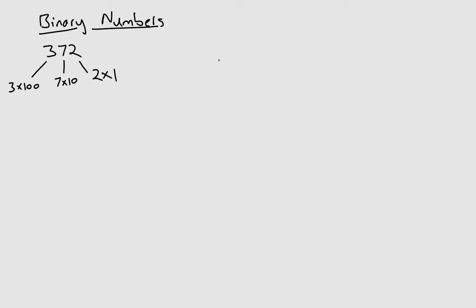The binary number system is really similar. We just use noughts and ones. There are only 2 numbers in it. Let's take a number like 1011. What does that mean? Here we've got 1 times 1, just as in the decimal system. But instead of 1 times 10, we've got 1 times 2. Here we've got 0 times 2 times 2, in other words 0 times 4.